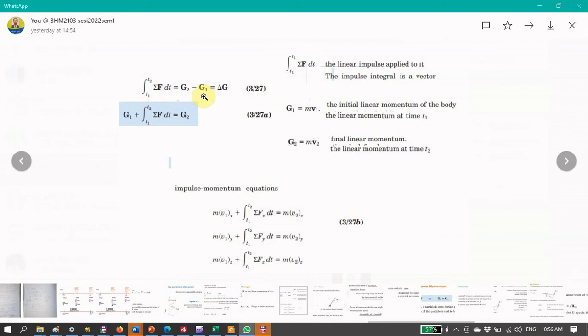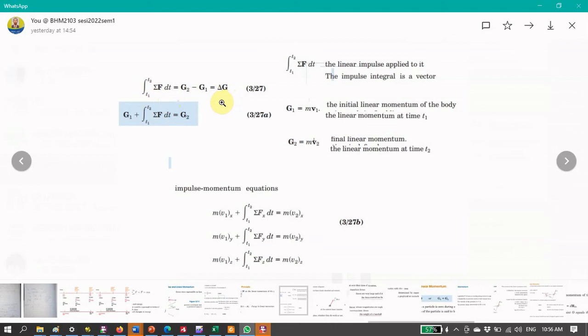The left-hand side of equation 3.27, the linear impulse applied to the body, to the particles, is a vector quantity. And delta G on the far right represents the change of linear momentum.